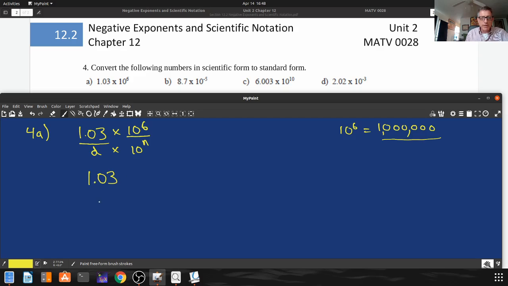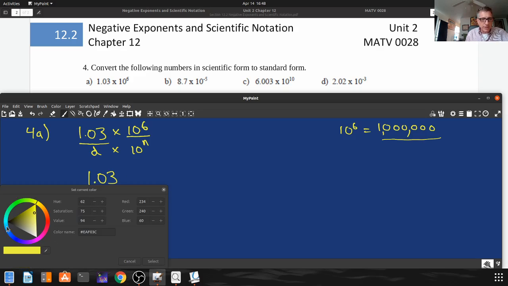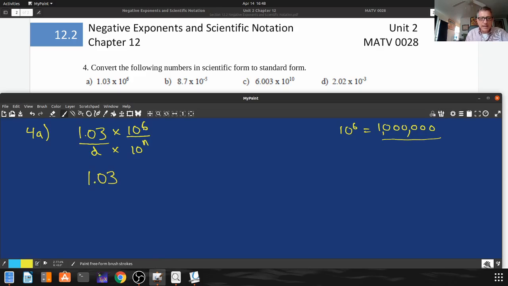So if you want, in preparation, you can add 6 zeros. Now we're not going to end up using all of them. It's just mindless. 1, 2, 3, 4, 5, 6. So I'm just literally looking at that, but I'm not going to use them all.